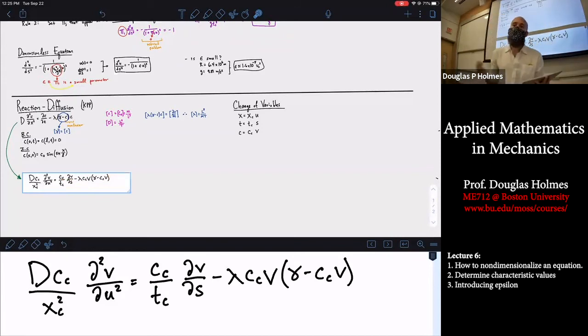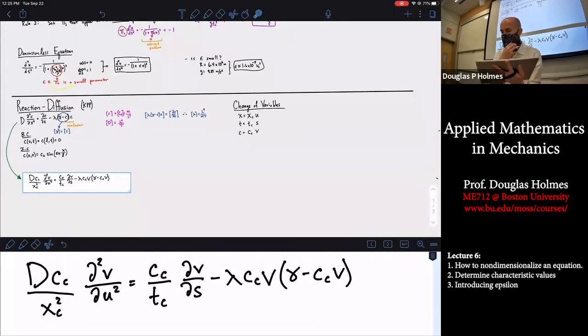Here's the part that is, like I said before, more of an art than a science. You just need to move things around until you get some dimensionless groups appearing that look nice to work with. So what does that mean? Well, we know that d is a length squared per time.